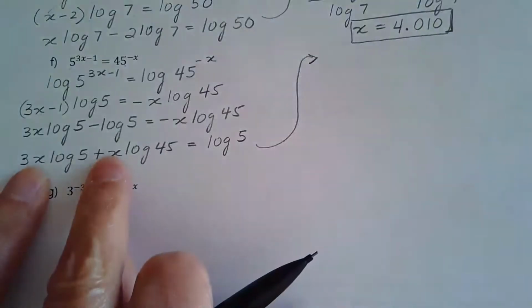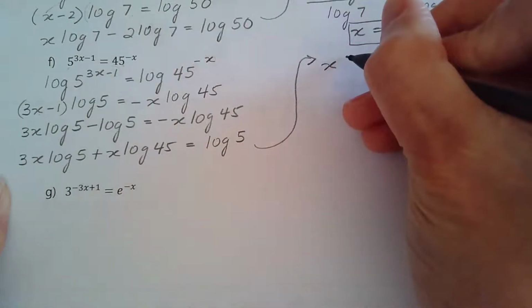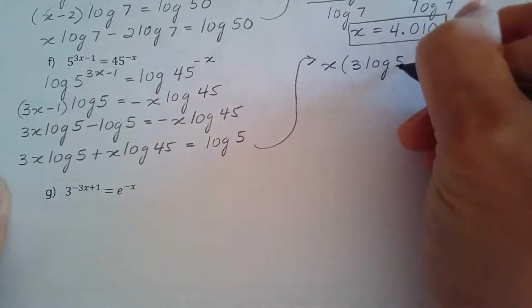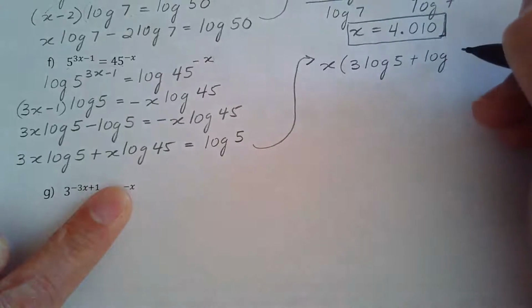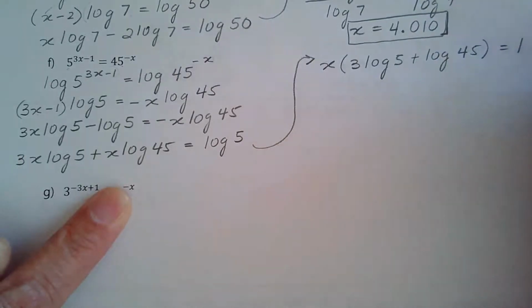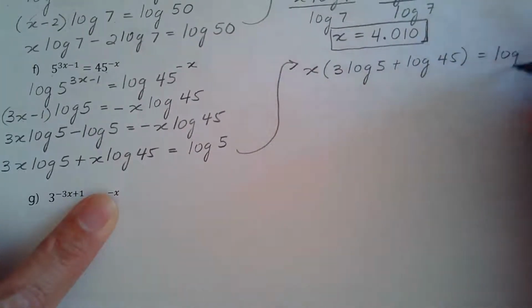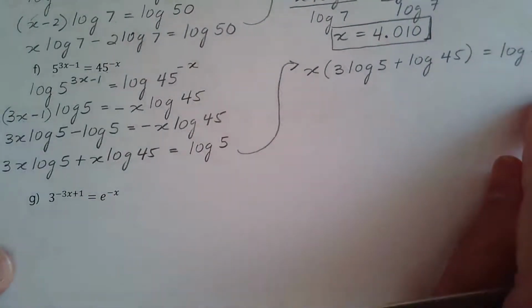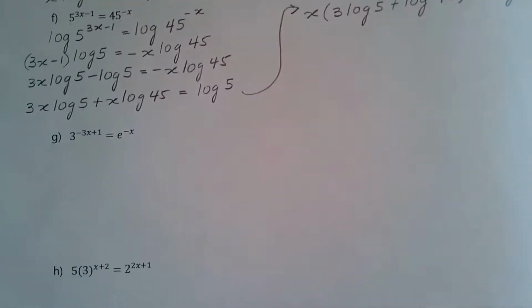When we factor out x, we get x times 3 log 5 plus log of 45 equals log of 5. Let me zoom it out a bit so we can see the whole page here.